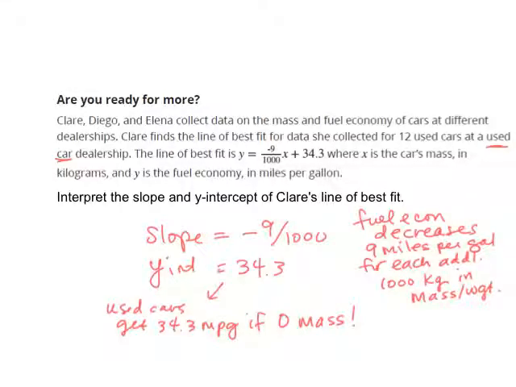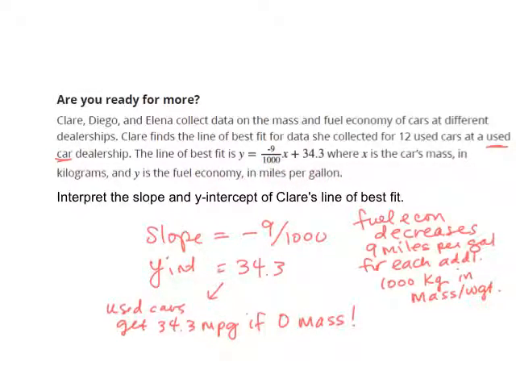Okay, so the slope of this is negative 9 divided by 1,000, which means the fuel economy decreases 9 miles per gallon, so that's your numerator, for each additional 1,000 kilograms in mass or weight. So remember, X is the car's mass, and Y is your fuel economy.